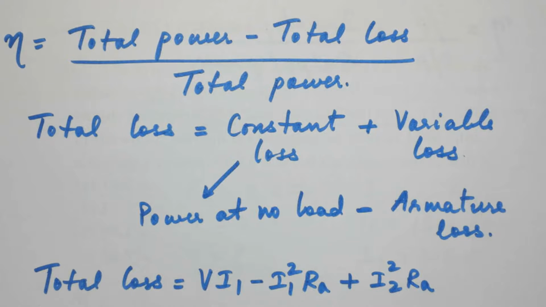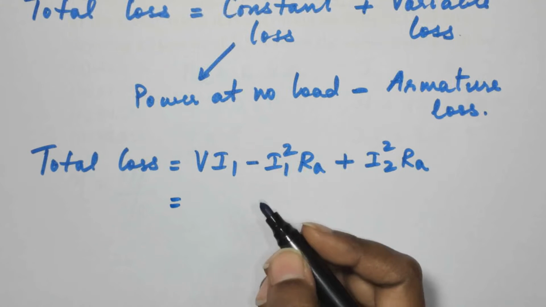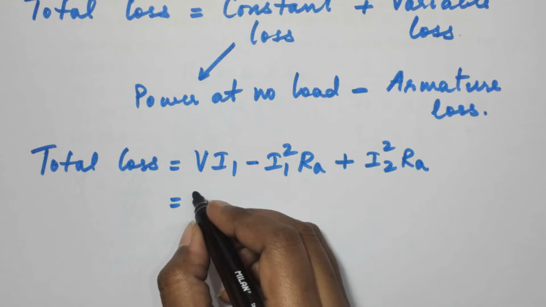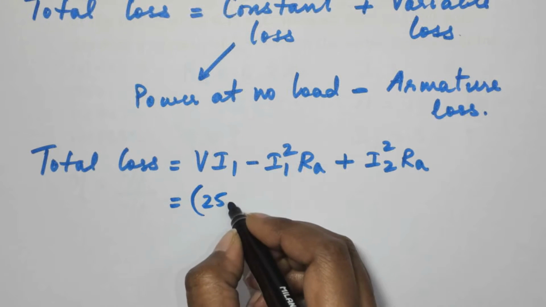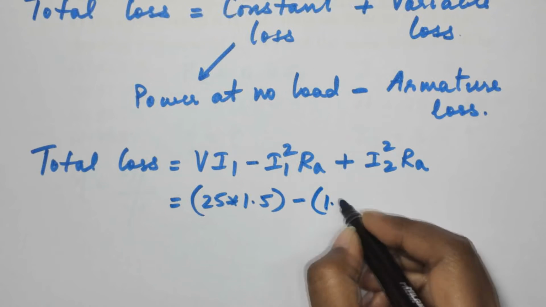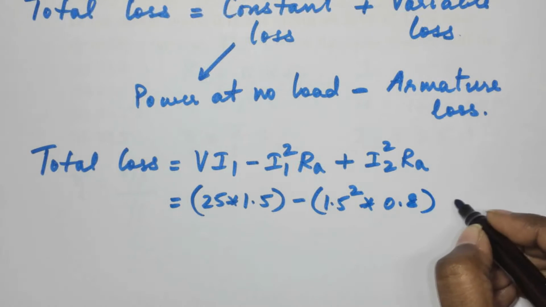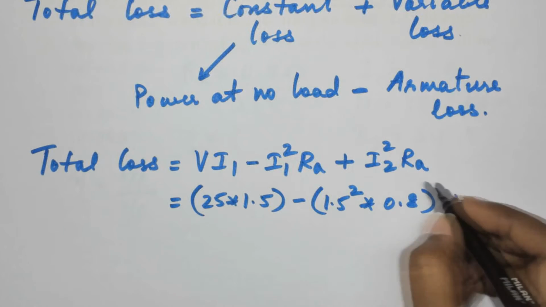Now let's substitute the values for each one of these terms and find out what the total loss is. Okay. So V times I1, that is 25 into 1.5 minus 1.5 square times 0.8 plus I square R, right?